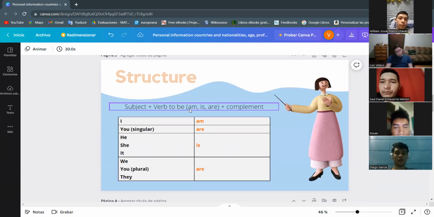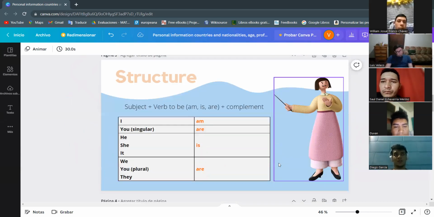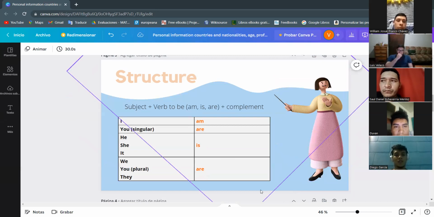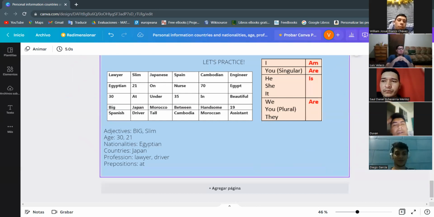If you're going to use at, you use it for a specific place, as in this example. He is at university. Great, good job. Okay. Let's see.